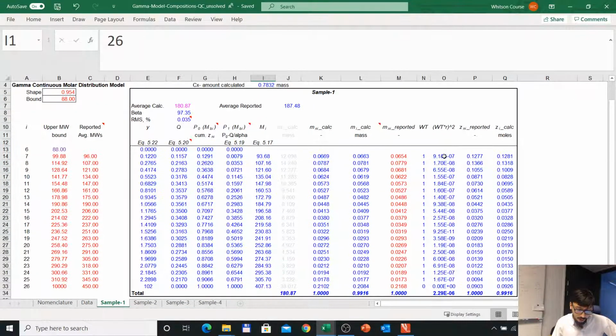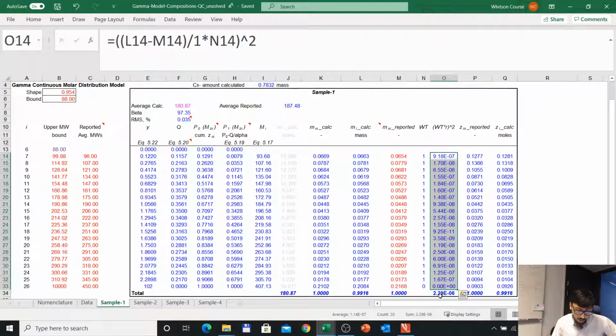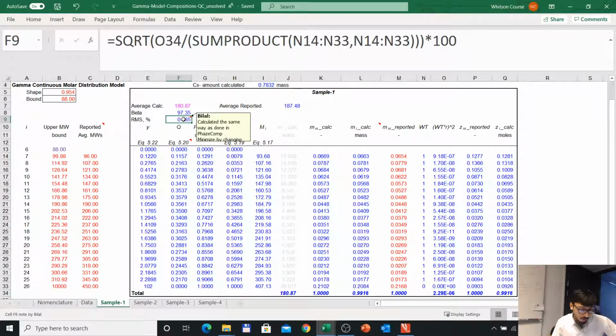And then here we are just calculating the residual, so that's the sum of this column, which is the total residual, and then here is the total RMS. Okay, and the RMS that's calculated here is calculated in a strange way, because we are following the same process that FaceCom uses for RMS calculation.